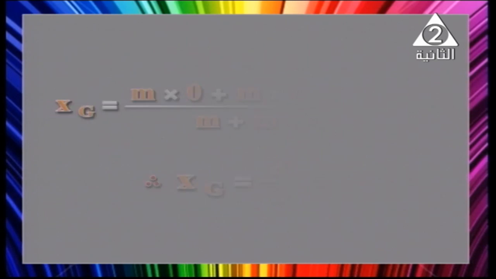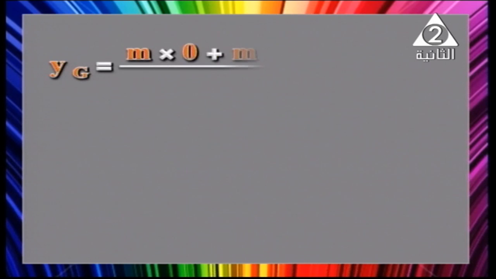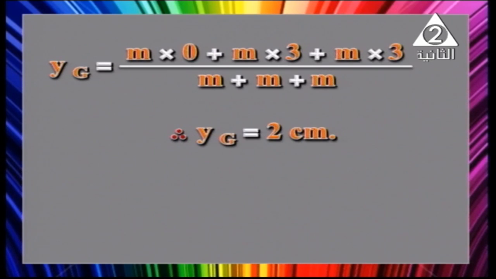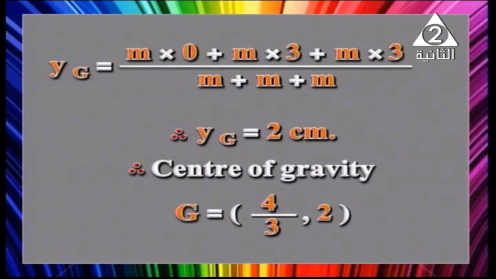By using the same method, yg equals m times 0 plus m times 3 plus m times 3, equals 6m over 3m equals 2. Then the center of gravity is (4/3, 2).